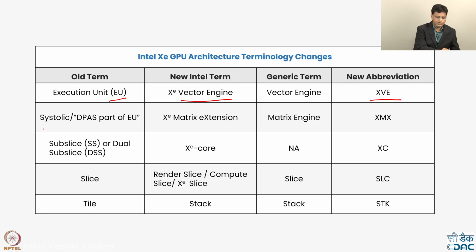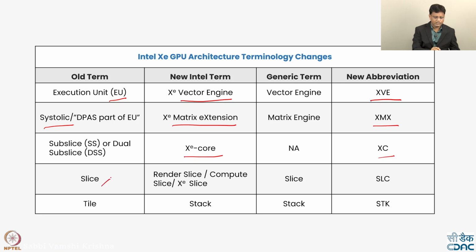Earlier they used the term systolic array to process matrix kind of operations. Now, they are calling it XC matrix extension, and the abbreviation they are using is XME. Next one is the subslice. Instead of subslice, now they are using the term XC core, and the abbreviation they are using is XC.